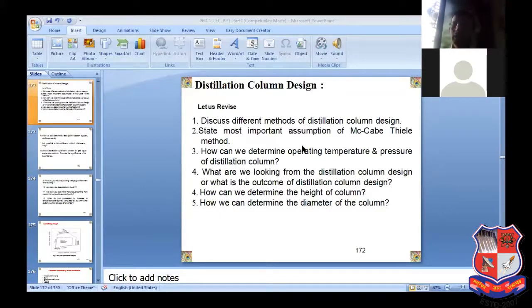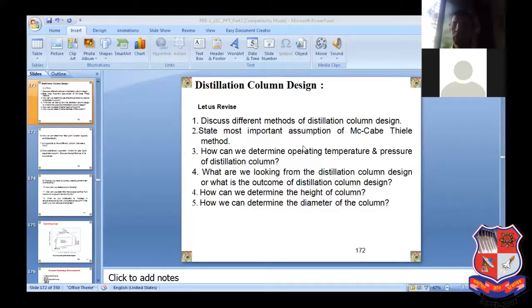If I want to carry out a separation of air, where pure oxygen and pure nitrogen are required, then at a large scale distillation is the recommended operation for separating nitrogen and oxygen from air. Can you carry out a distillation operation at 1 atmospheric pressure? No, it is not possible.